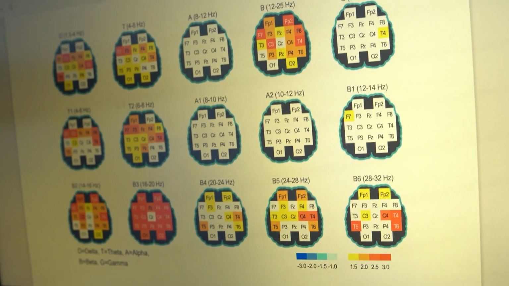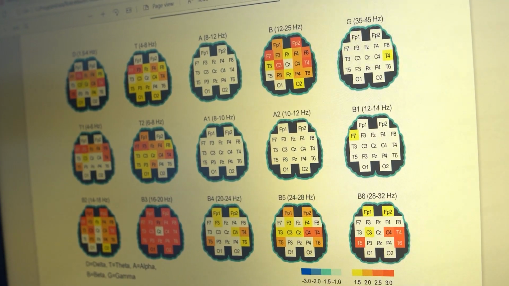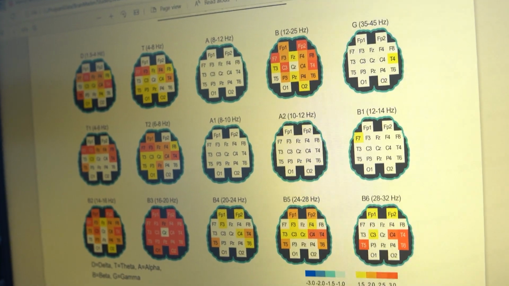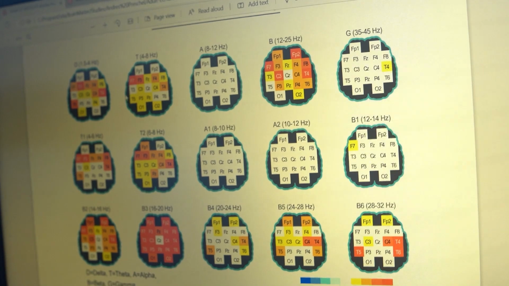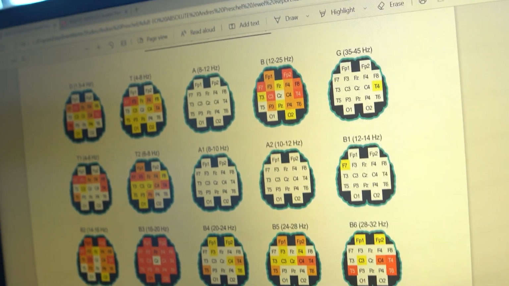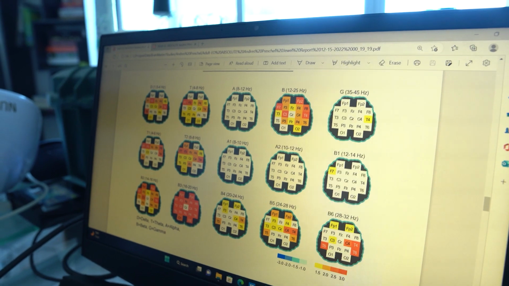Correct. So what we're seeing here with delta and theta, these warmer colors are indicating overactivity in these slower frequencies. When you produce too much delta and theta, those areas of the brain are a bit offline, and you're getting decreased blood flow and brain oxygenation. We're seeing that particularly in the frontal lobes, which, just talking with you, something like with ADHD, oftentimes the frontal lobes are a bit disengaged.